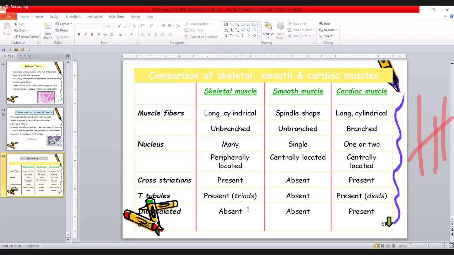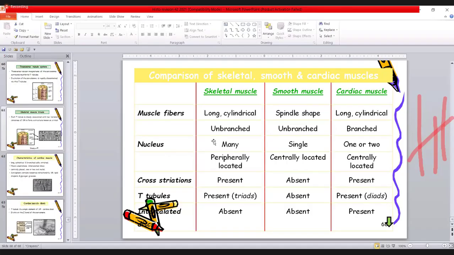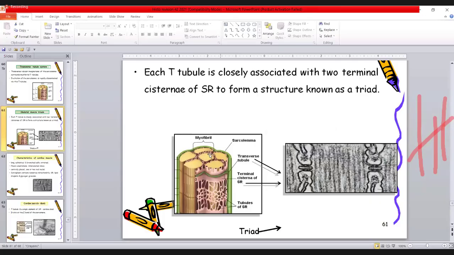The sarcoplasmic reticulum is arranged in a peculiar way, forming three tubules. It's known as a triad in skeletal muscle, and a dyad in cardiac muscle, because two tubules are arranged. I'll show you a triad and a dyad. Here you can see the sarcolemma, the plasma membrane of a skeletal muscle. Then you have the sarcoplasmic reticulum, the endoplasmic reticulum of the muscle cells.